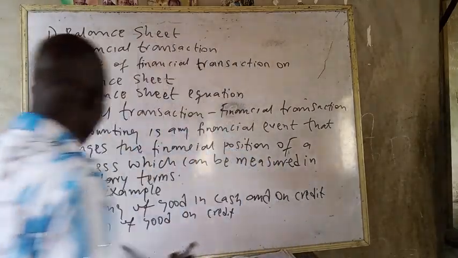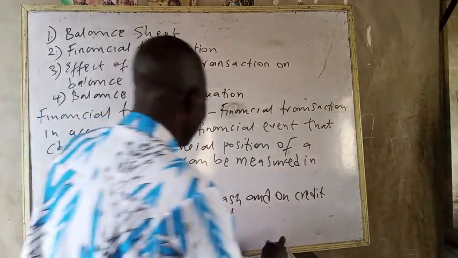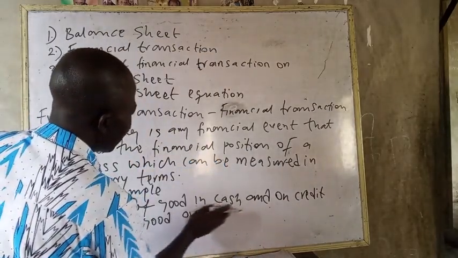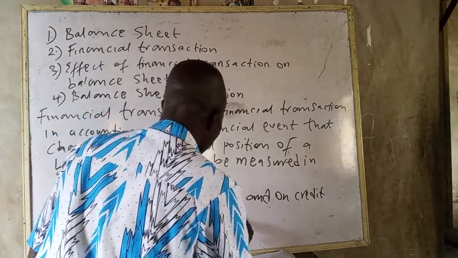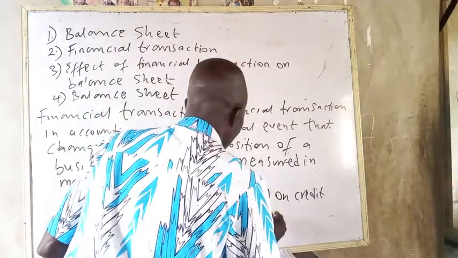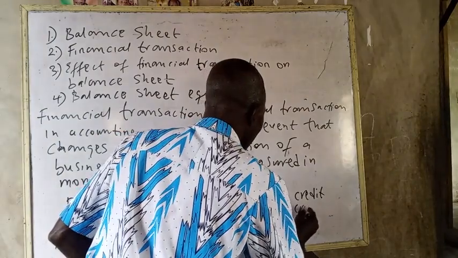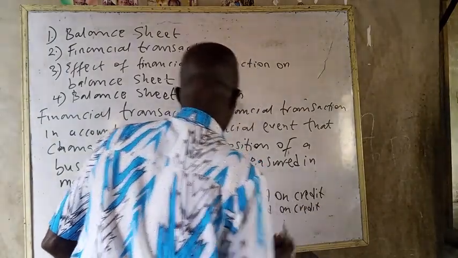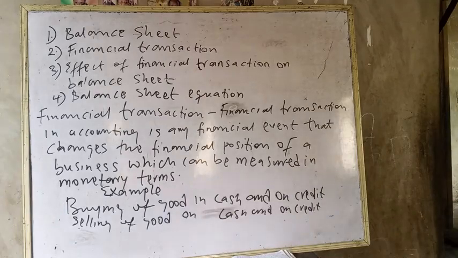Then selling of goods on cash and on credit, and so on and so forth.